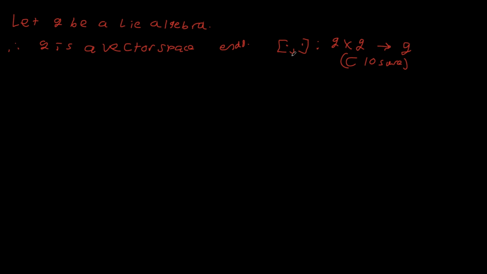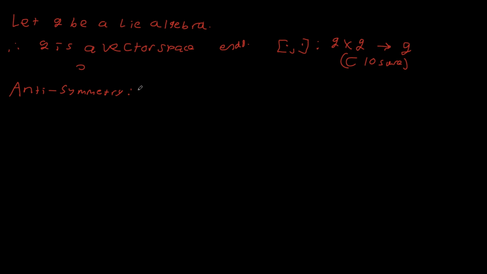So this bracket is not just any generic bracket, it must follow a couple properties. First of all, it must have a property known as anti-symmetry. All this really means is that, let's say that we have a couple of elements x, y.